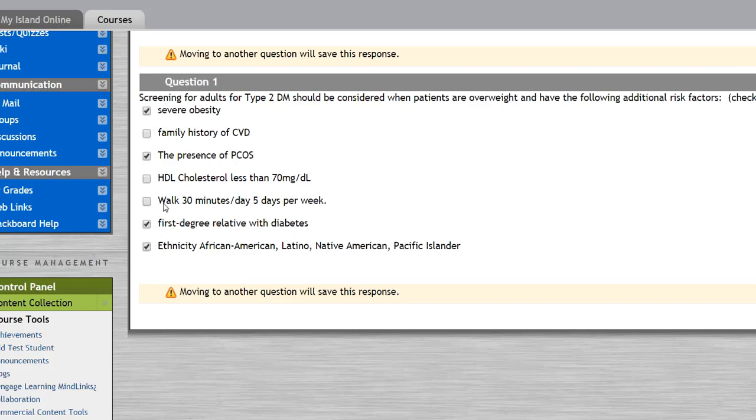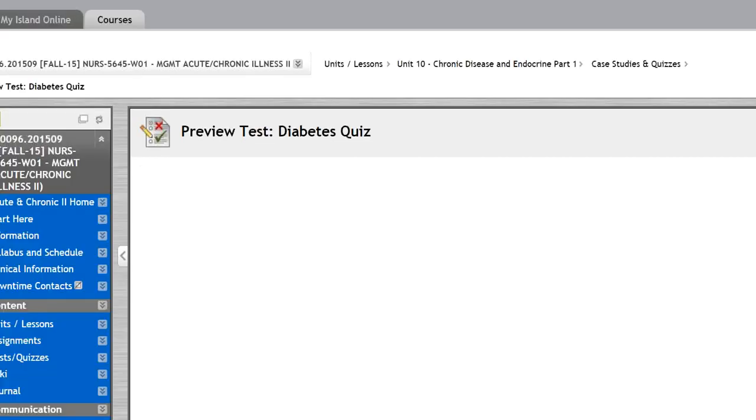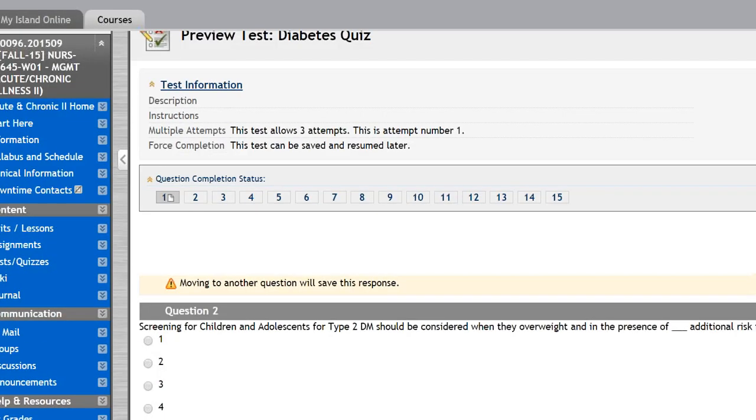Walking 30 minutes 5 days a week, that's bad, right? Don't do that. Okay, cholesterol, HDL, you want it high, right? The higher the better. And these things are all so intertwined. All these chronic problems just love to be in the same person, right?